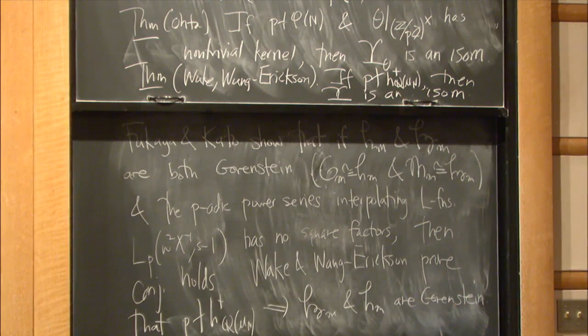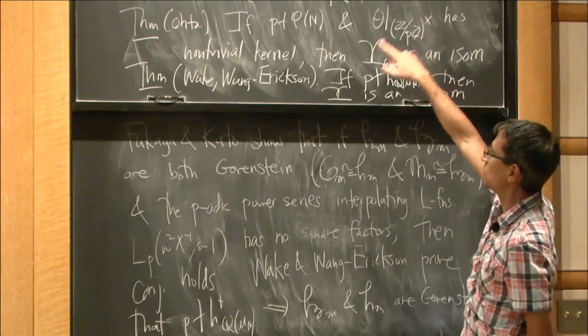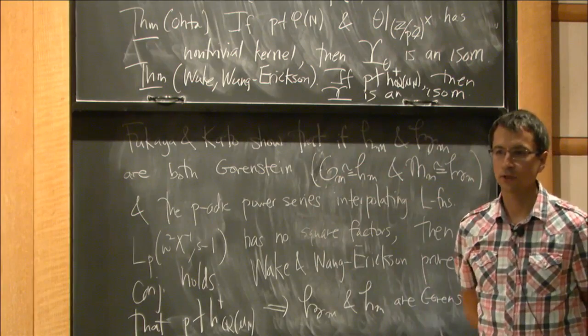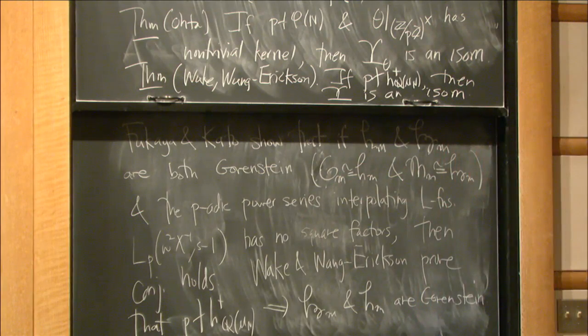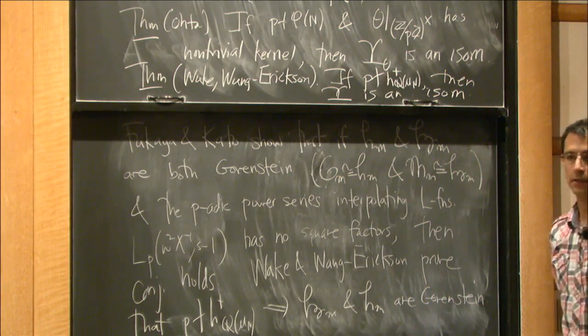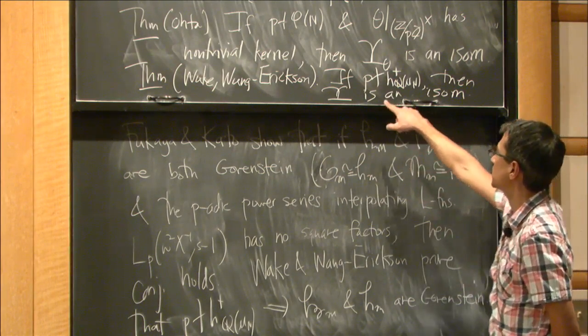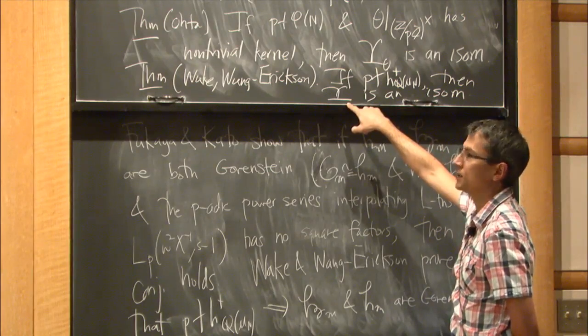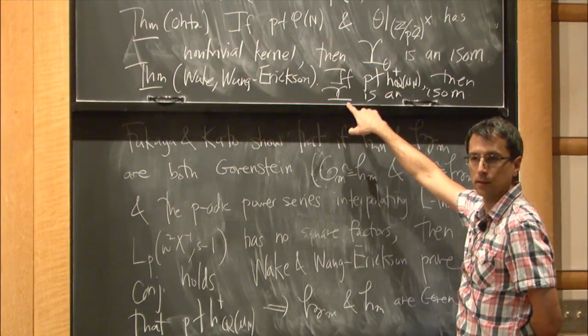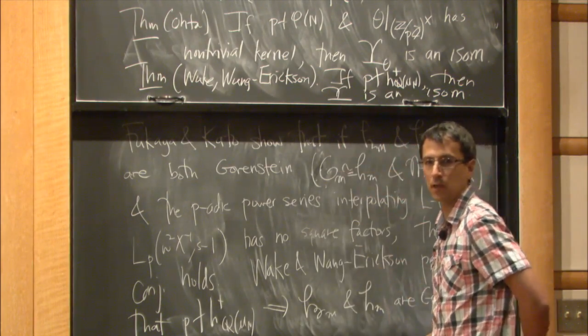But the theorem you have up there doesn't seem to have this Gorenstein assumption. No, this is not how they show this result. This is an additional result. So I'm more explaining what Wake and Wang-Erickson do. So in other words, more than this, they prove that the analog of Vandiver's conjecture implies my conjecture.